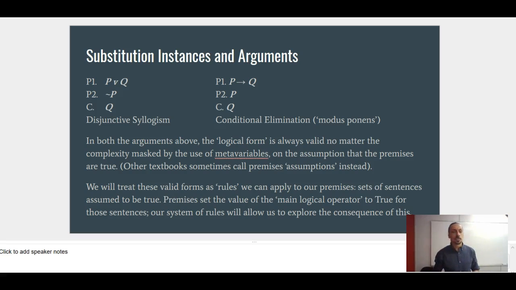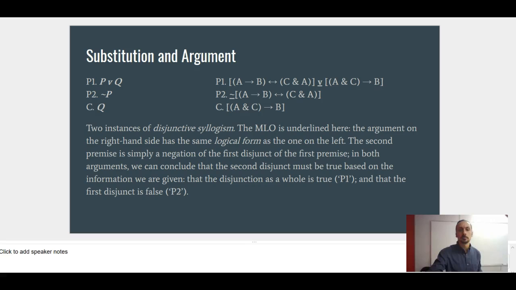So let's look at disjunctive syllogism. Here are 2 instances of the same thing. On the left-hand side, you have the simple case: either P or Q, not P, therefore Q. On the right-hand side, you have this much more complicated case. Premise 1 is this very complicated disjunction. Premise 2 is the negation of one of the disjuncts.